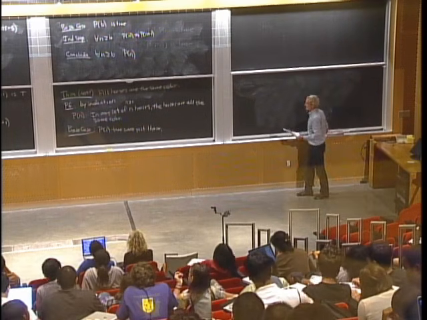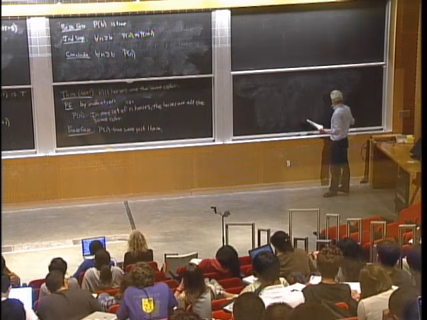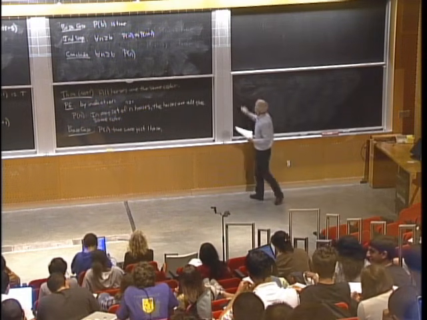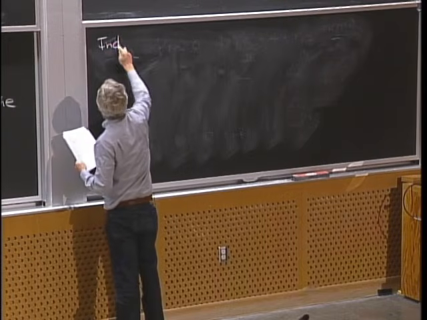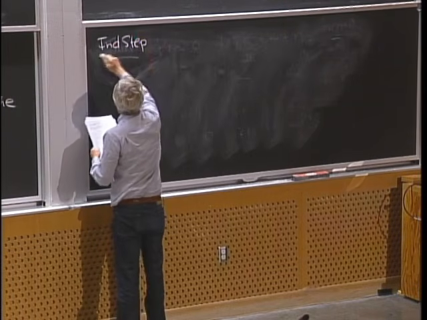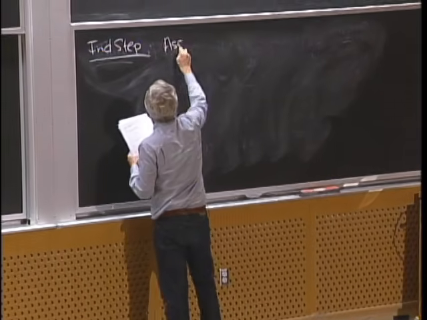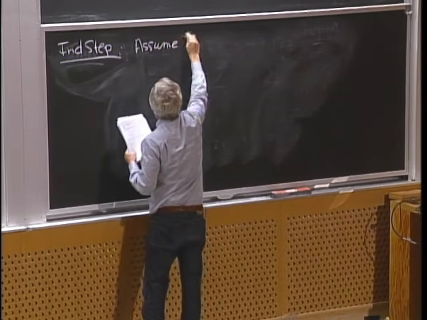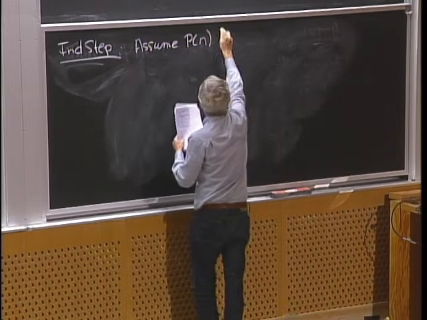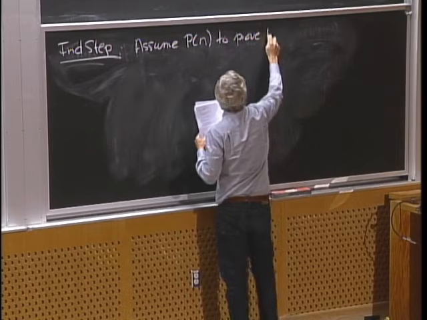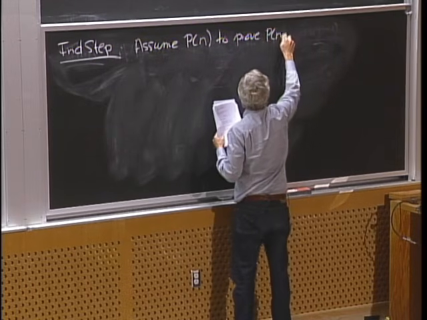All right, what's the next step of the proof? What's the next thing I do? Inductive step. So I am going to assume that Pn is true and show Pn plus 1 is true.